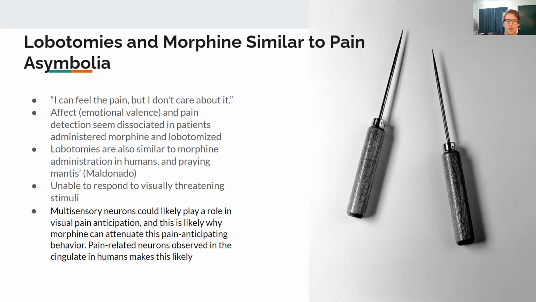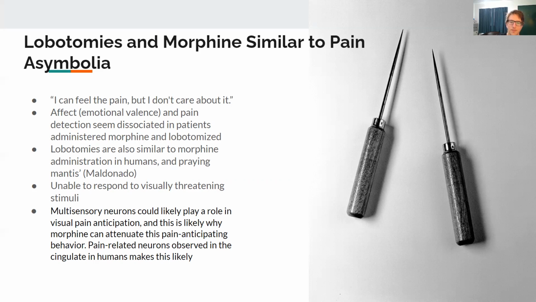So we see that morphine and lobotomies have similar actions in that the secondary order neurons that are responsible for the affect are not getting the necessary information to integrate that sensory information and make it relevant for the experiencer.